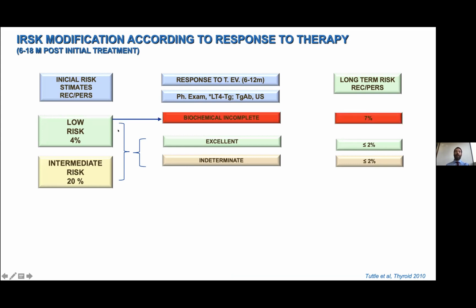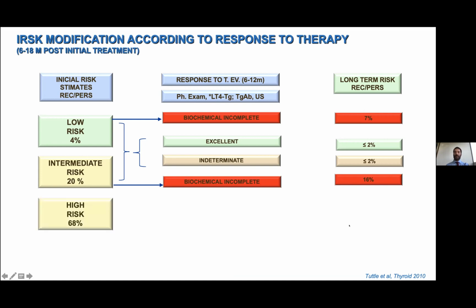On the other hand, when the patient started as a low-risk patient of recurrence who had biochemical incomplete response to therapy, the risk of recurrence is 7%. And when we have an intermediate-risk patient with biochemical incomplete response, the risk of recurrence is higher, 16%.